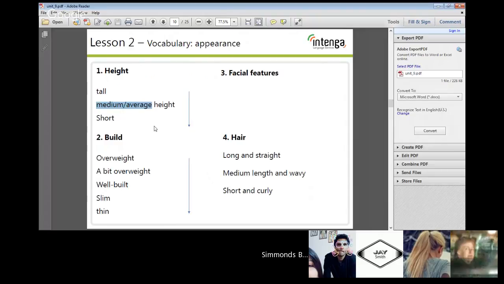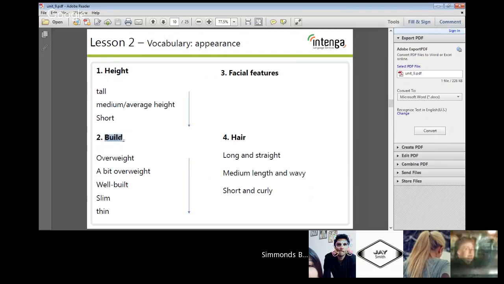Or they're not very tall or very short. Okay? Any questions about that? Okay. Someone else say something? Okay. Perfect. So like I said, this is pretty basic. I think we've all learned this before.